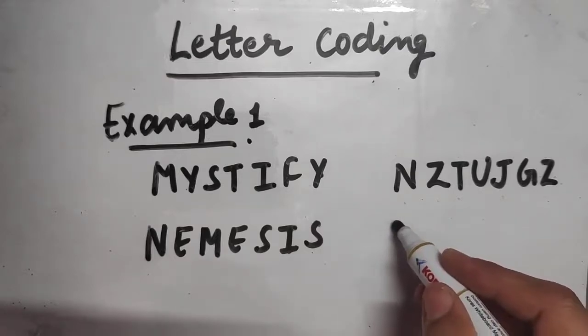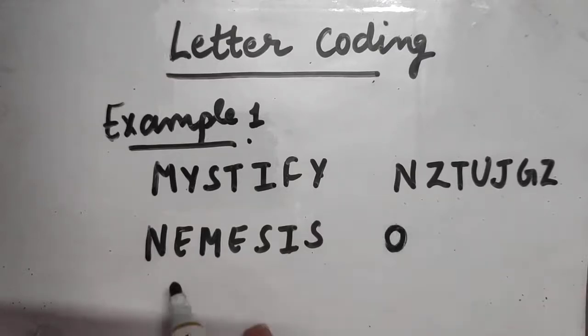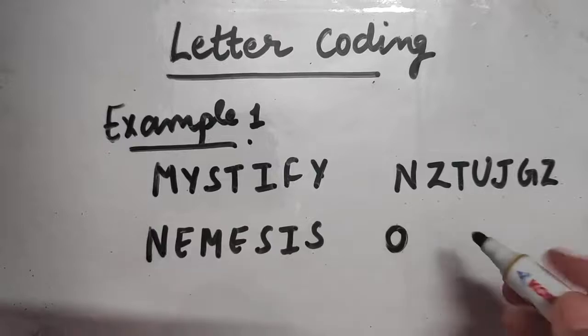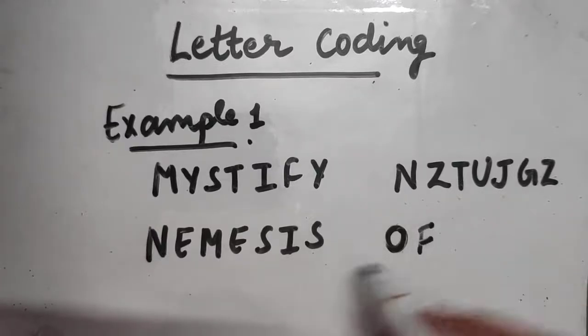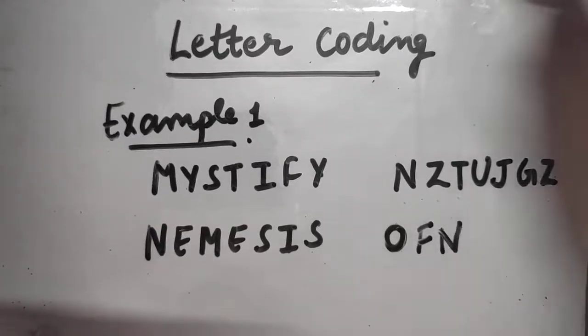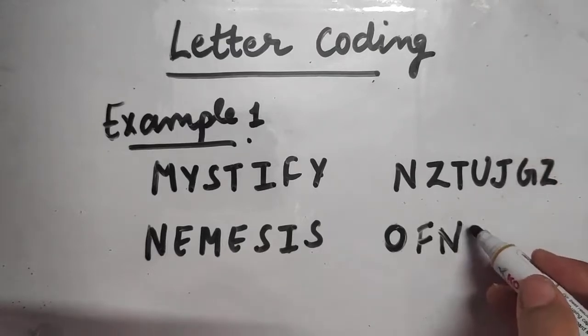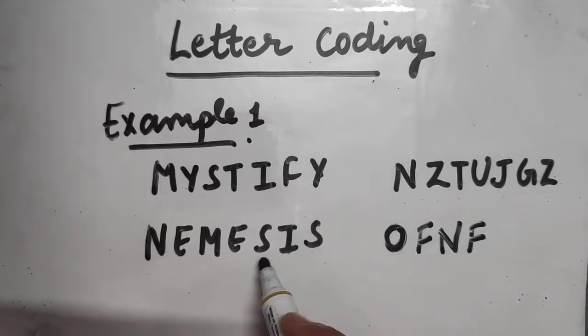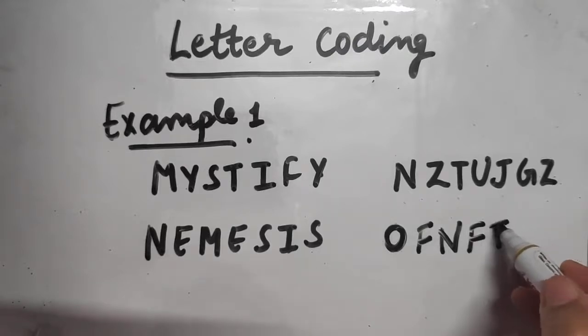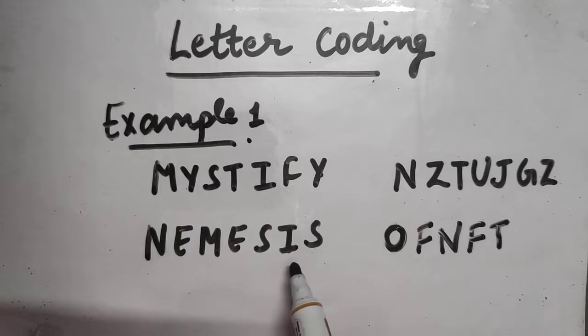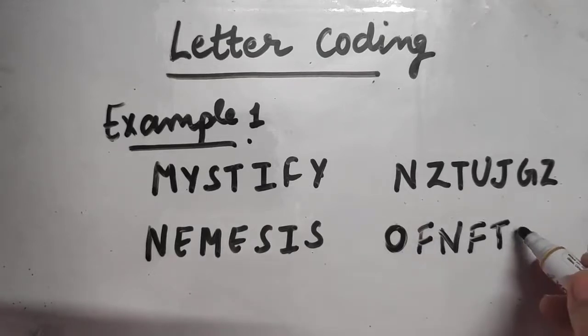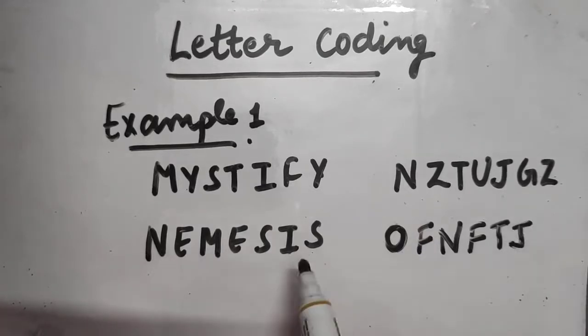We will get O. If I move E one step forward, I will get F. Then for M, it will be N. Then for E, it will be F. For S, it will be T. For I, it will be J. For S again, it will be T. So, dear children, I hope you have understood this example.